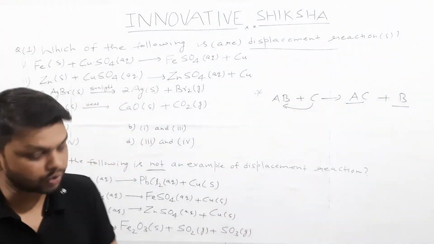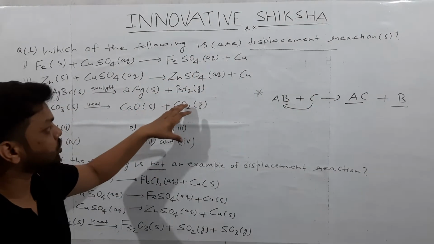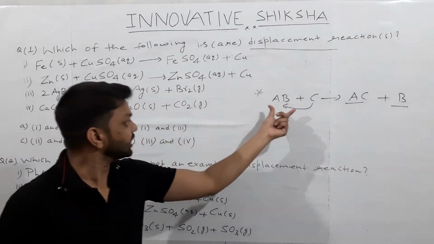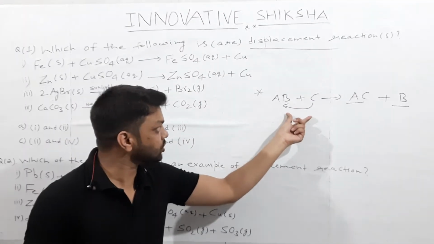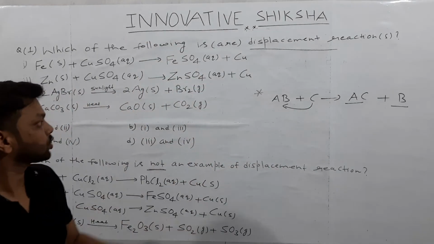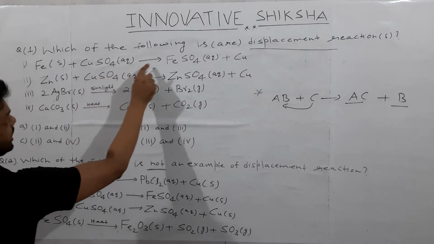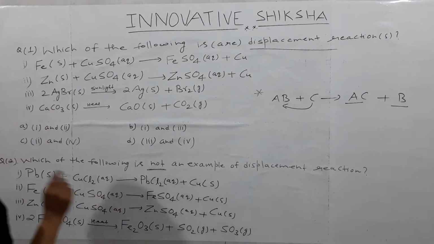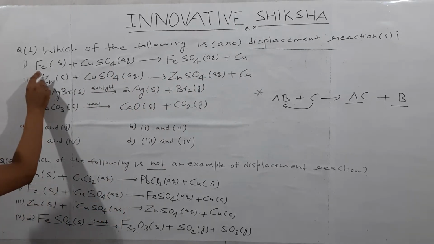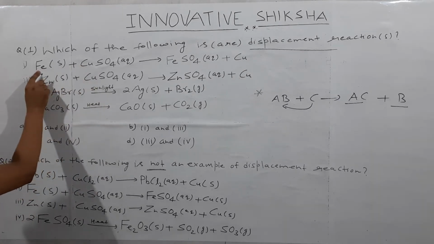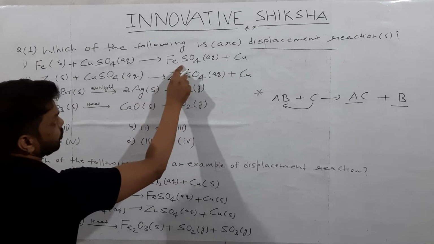So if you want to solve this particular question, you have to find what are the equations that are in this form. So let us apply this concept in these equations. The first equation is Fe plus CuSO4 gives FeSO4 plus Cu. So here iron displaces copper, that is copper is displaced by iron and it forms FeSO4 plus Cu.